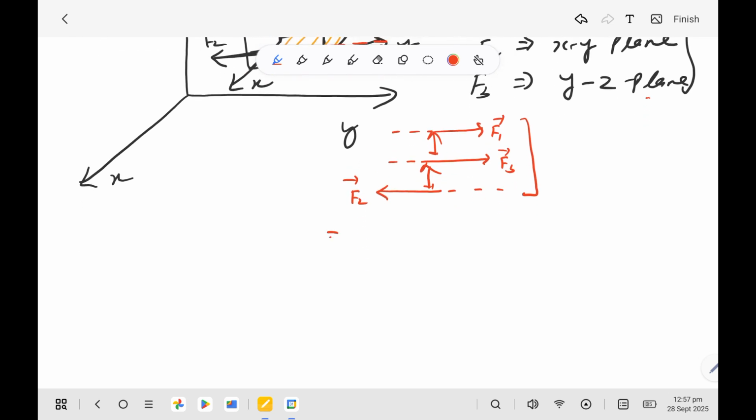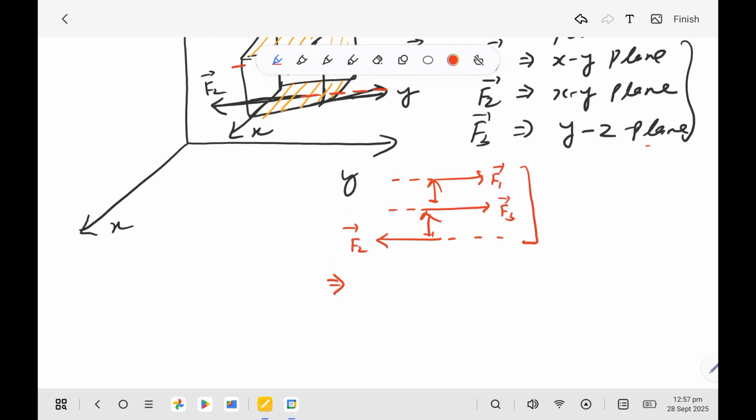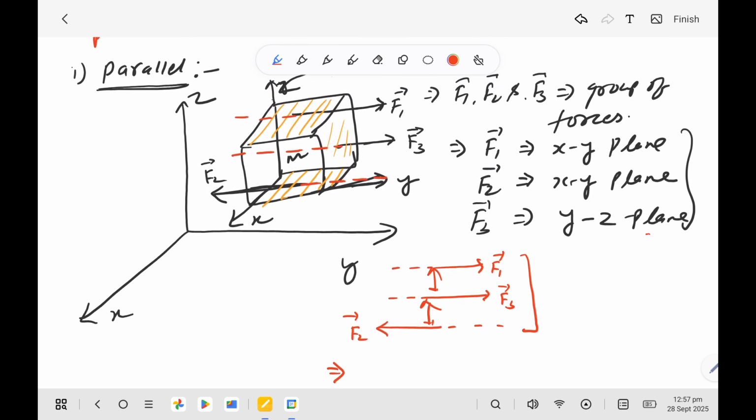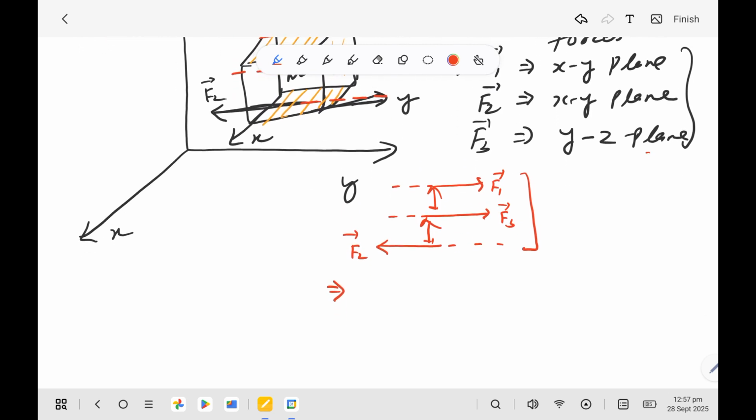That's why we call the system of forces a parallel non-planar system of forces.